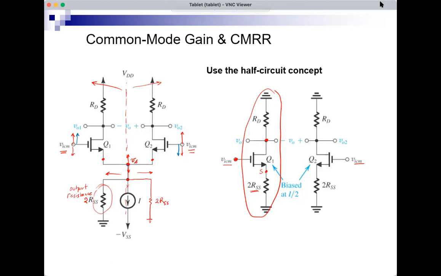We know that the gain would be something like minus GM RD over 1 plus GM times the resistance between the source and ground. That's a formula you can get from the formula sheet for the gain of this, when I neglect small RO.